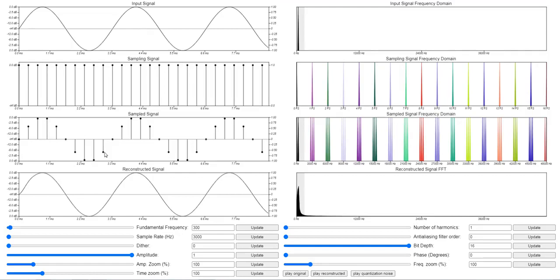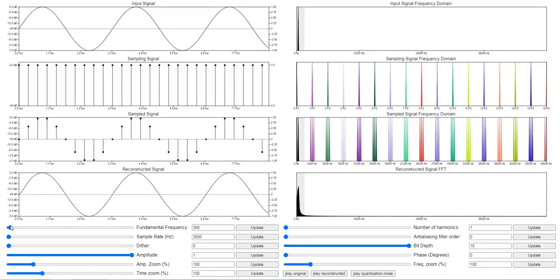So what do we see there? Again, input signal on the left top panel, sampling signal, the train of pulses, second panel below the first. Third panel is the result of this sampling in the time domain. So again, left is time domain. So I see basically this same train of pulses with the amplitudes now modulated by the original signal.